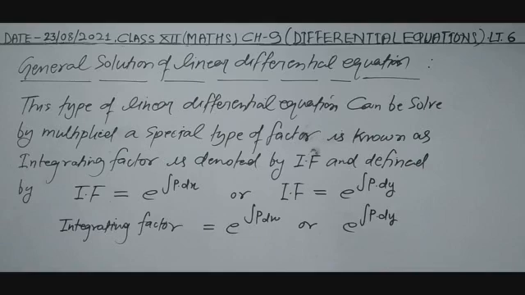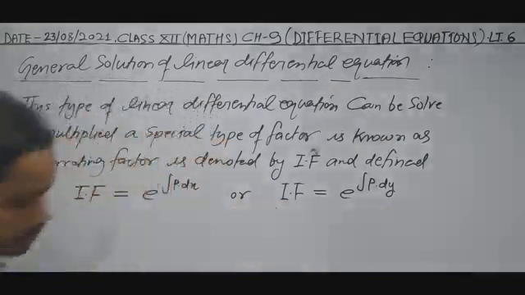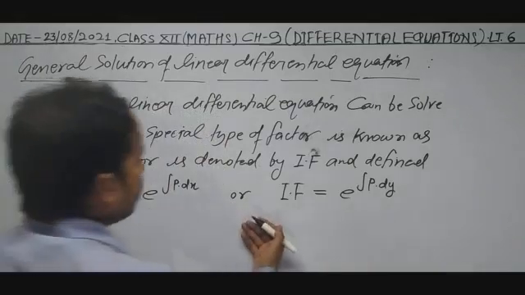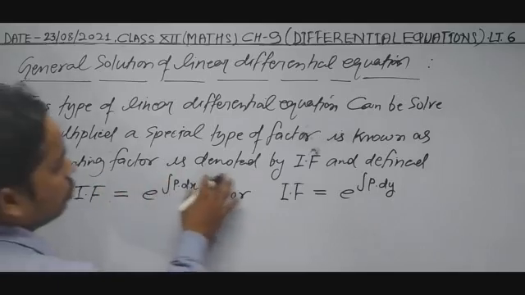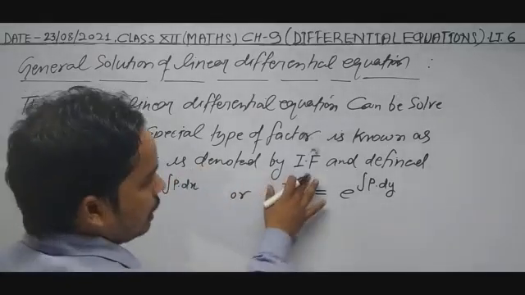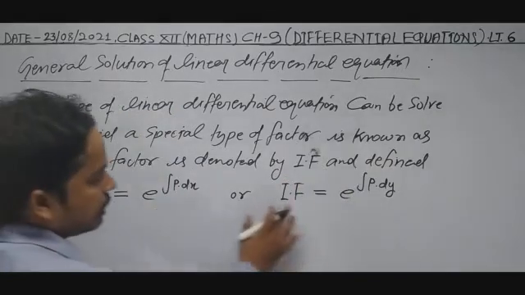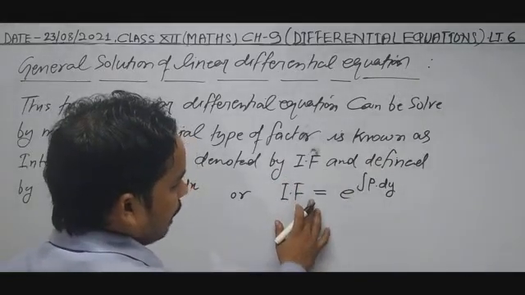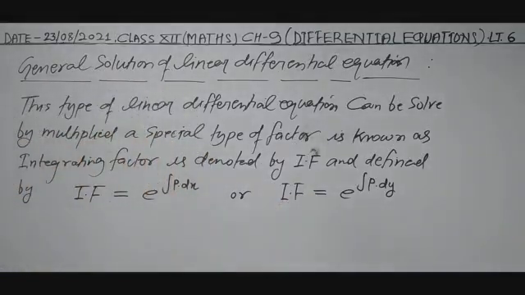Now, to complete the definition: the integrating factor is denoted by IF, and there are two values, e to the power integration of p dx, and e to the power integration of p dy. Where do we have to multiply?